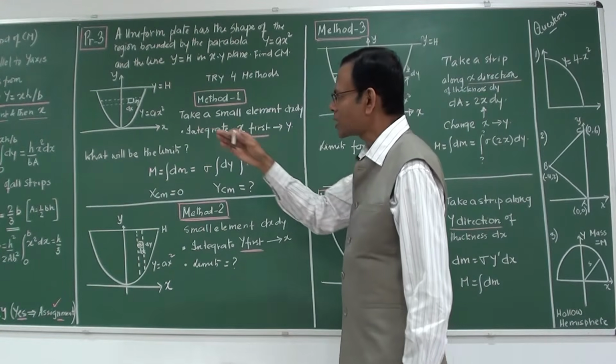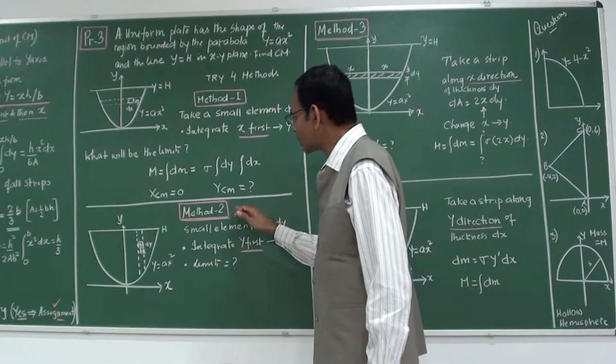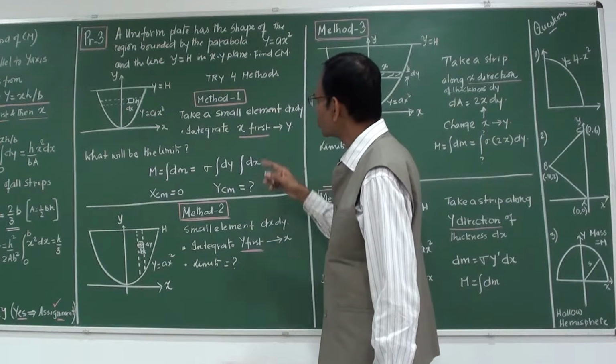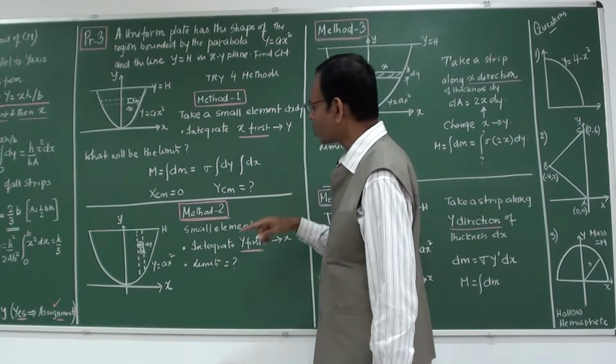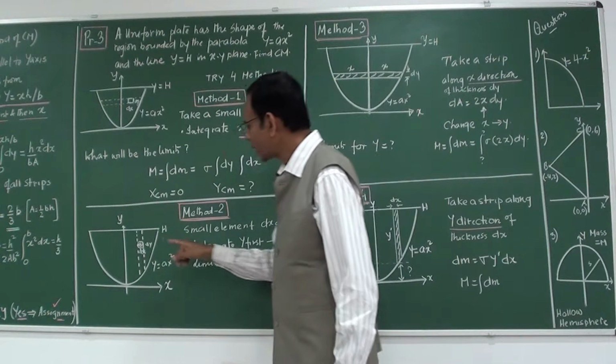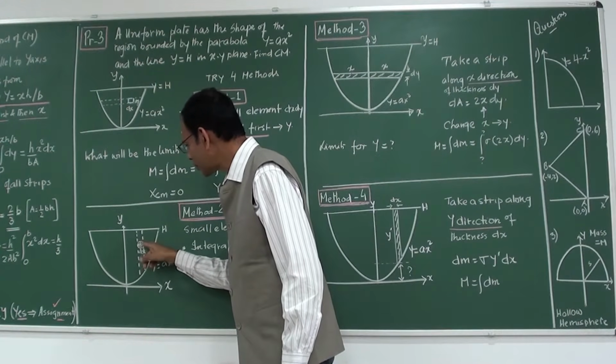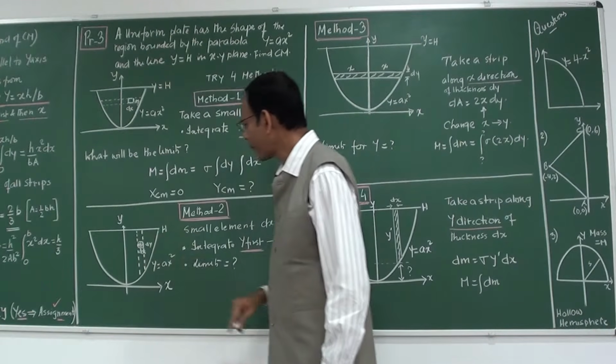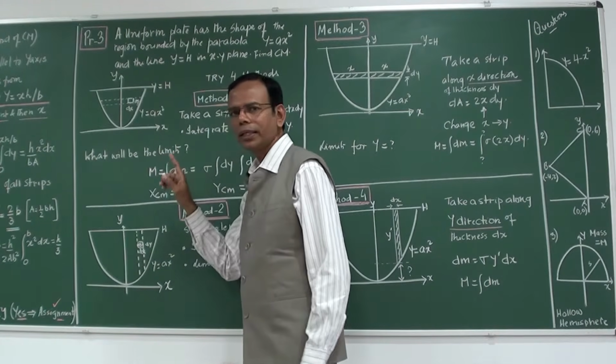Exactly the same way as we have done earlier, method 2 is, now you reverse. That means you integrate y first. Now again you take a small dm, that is your dx dy, and then you start integrating.